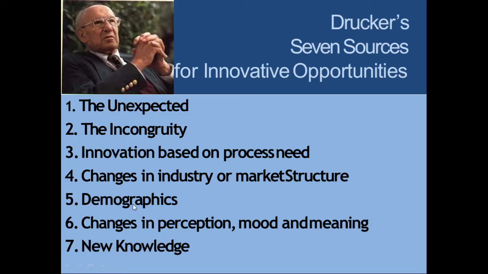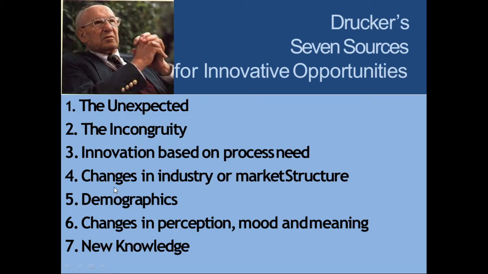And here are Drucker's 7 sources of innovative opportunities: the unexpected, the incongruity, the innovation based on process needs, changes in industry or market structure, demographics, changes in perception, mood, meaning, and also new knowledge.